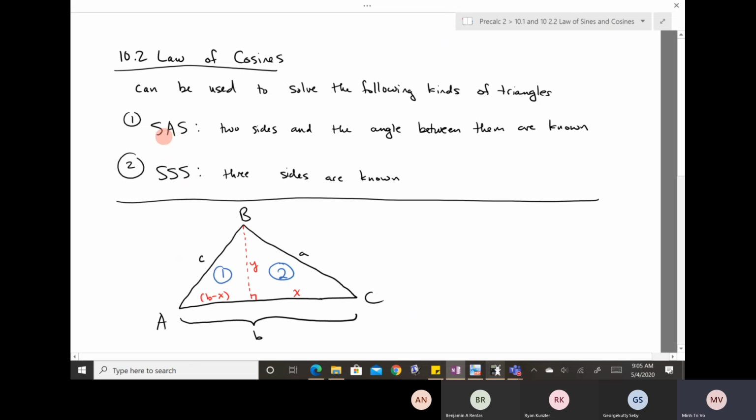SAS means that you know two sides and the angle between them, and SSS means you know all three sides, but none of the angles. The good thing about these two cases is that these are the cases where you have congruent triangles. So there's only one solution in these two cases, and you can completely solve them.